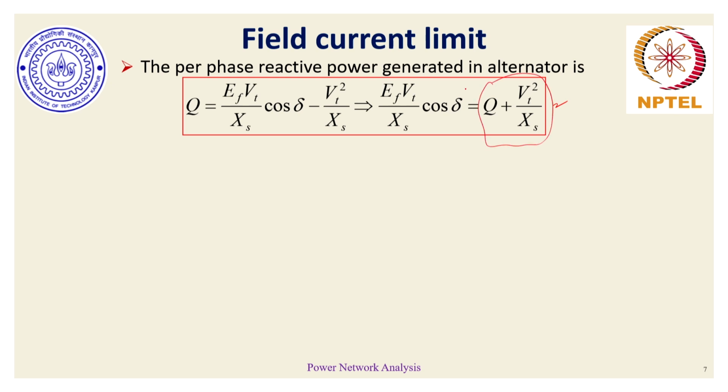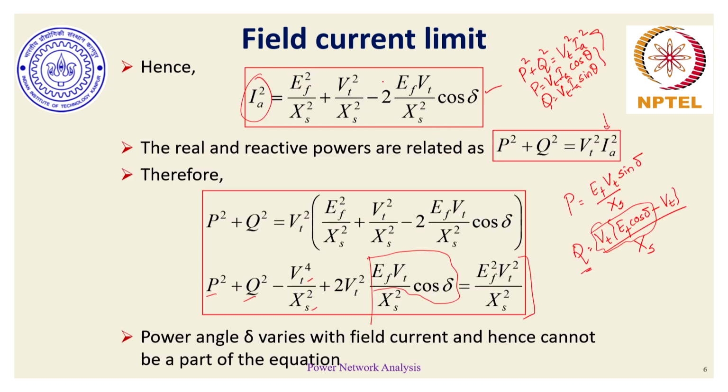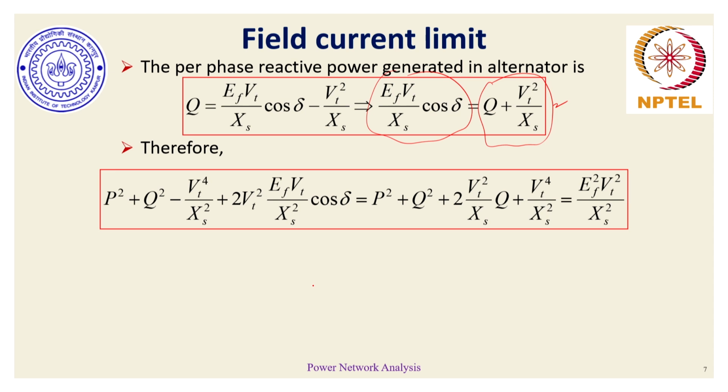Now if we substitute this term in the expression over here, all the terms after substitution would be in terms of either P or Q or only in terms of known quantities.